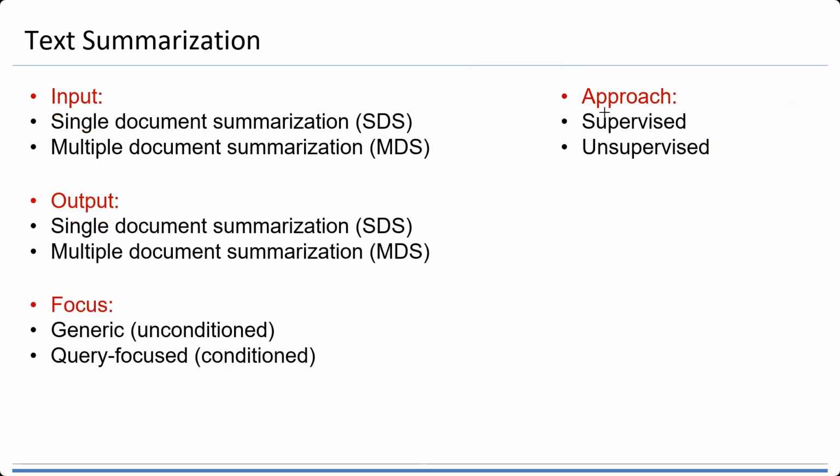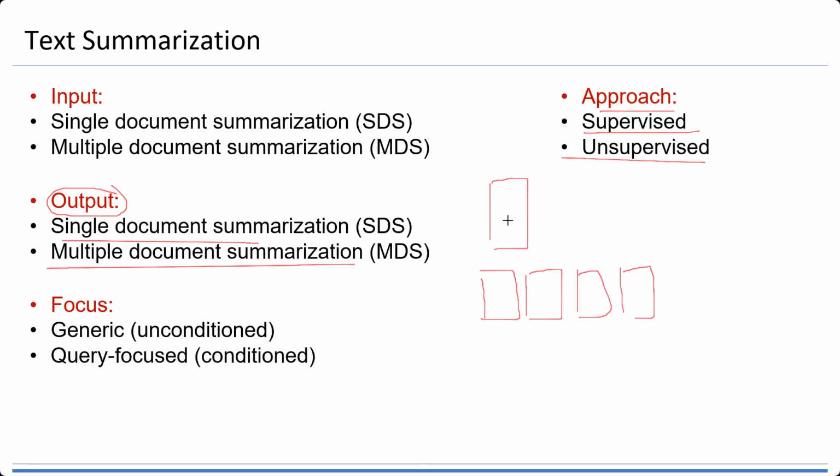After we know the approach, whether it is supervised or unsupervised, then we need to check the output. The output can be a single document, meaning only one document, or there can be multiple documents. So you have many documents, not only a single document.